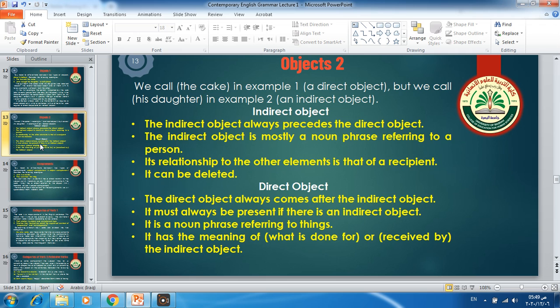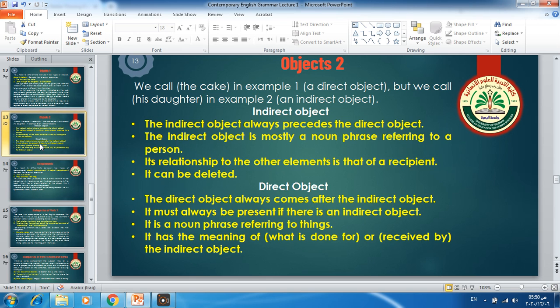The indirect object always precedes the direct object. So in case we have two objects in the sentence, an indirect one and a direct one, the indirect one always precedes the direct one. The indirect object is mostly a noun phrase referring to a person. So this is the structure of the realization of the indirect object.